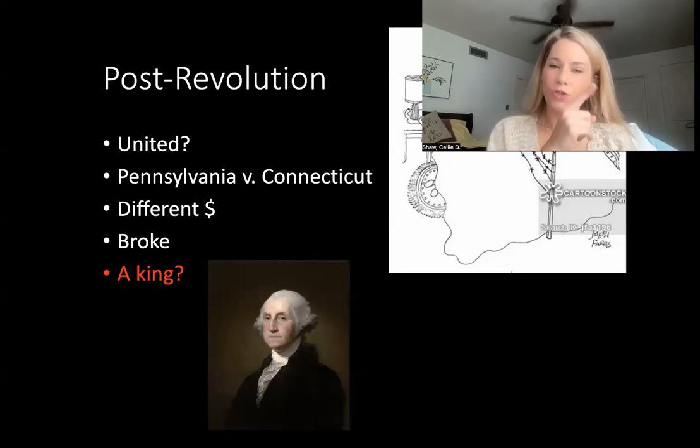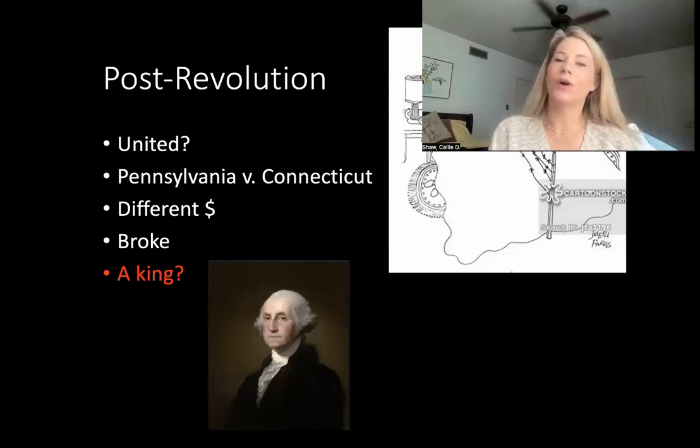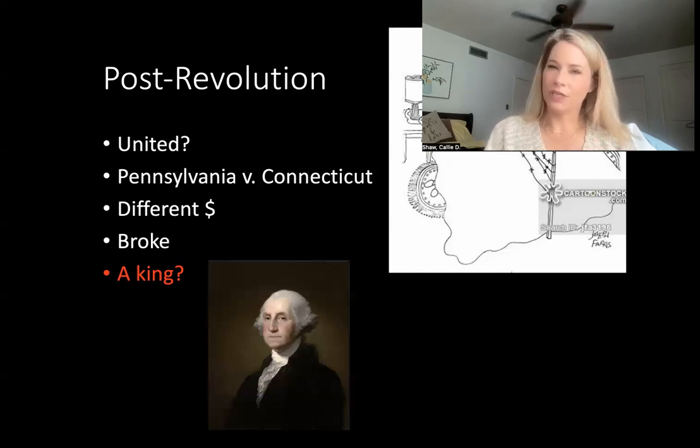In fact, George Washington could have been our first king. Yes, you heard me right. We could have been bowing down to another King George, George Washington. The story goes that one of his military leaders actually wrote him a letter suggesting that he become king because he was well respected.